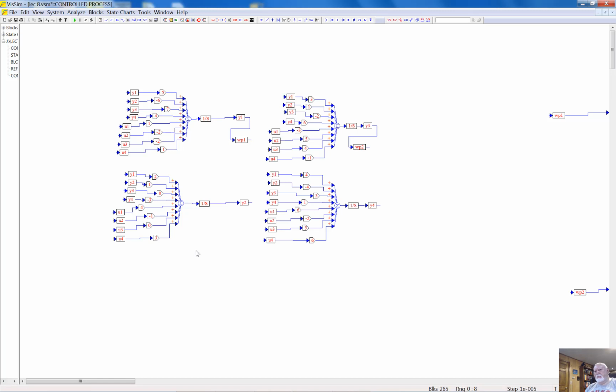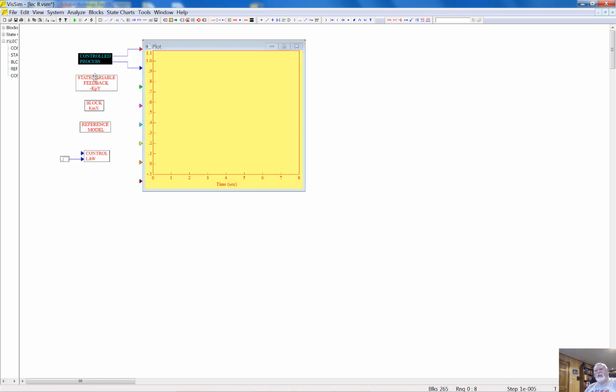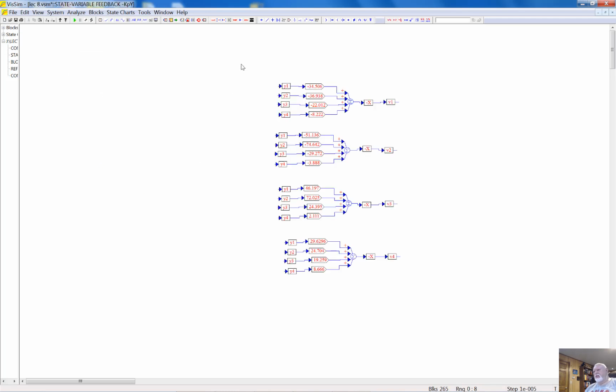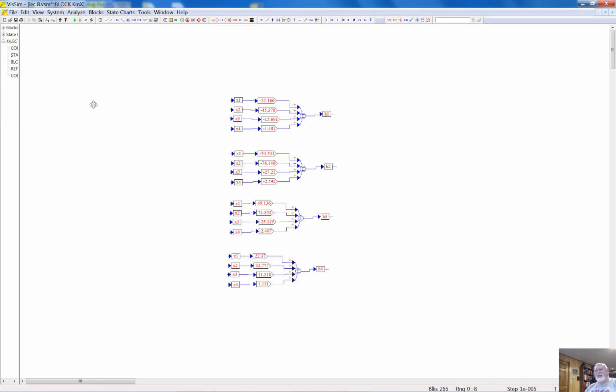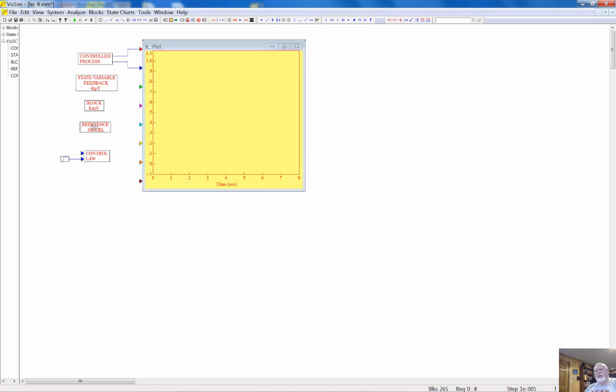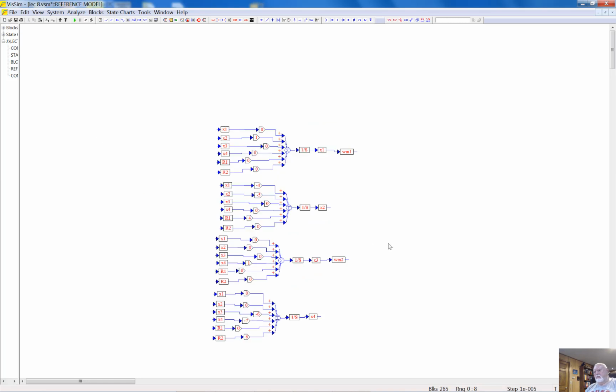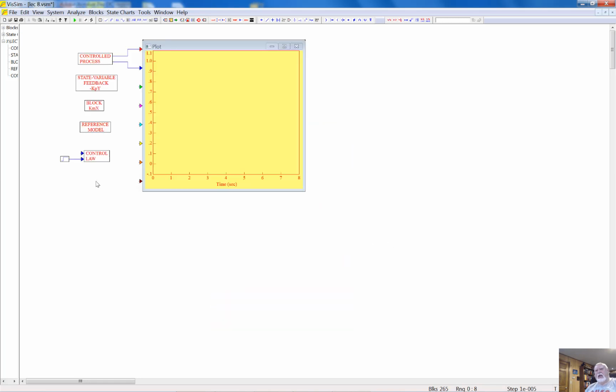This is the state variable feedback mechanism, exactly consistent with what I told you earlier. This is block Km times X right now. You can see it, consistent with my earlier discussion. This is the reference model. And this is the control law.